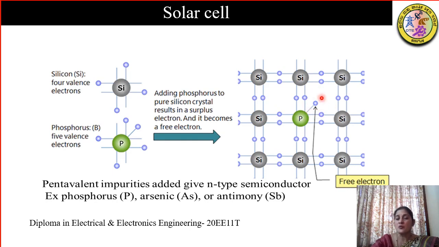So when you dope the material with this pentavalent impurity, we can have excess electrons which can be available for conduction. Thus, we are able to modify the property of a semiconductor by adding impurities which are either trivalent or pentavalent, and we create p and n type semiconductors.